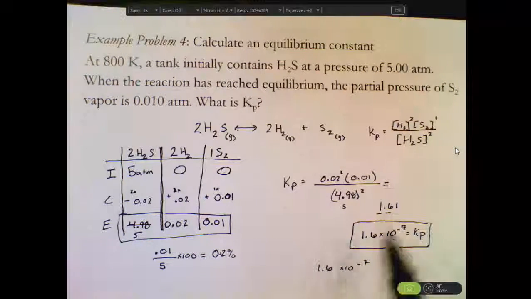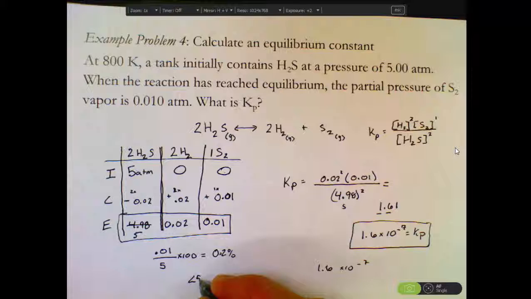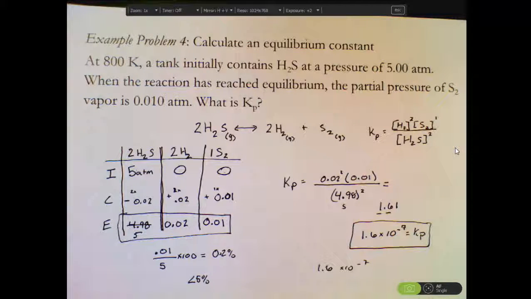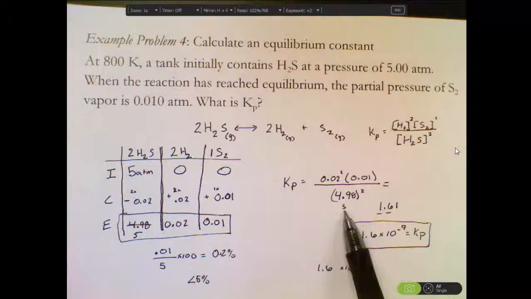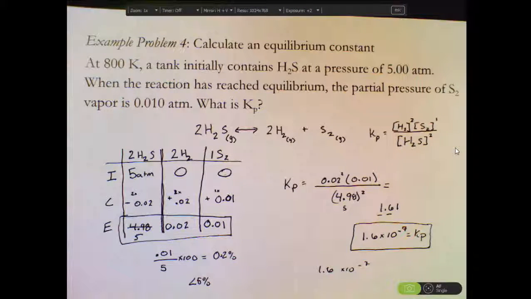So for all intents and purposes, after rounding, these two values are the exact same. Therefore, sometimes this 5% rule, less than 5%, is really useful because it makes our math simpler. 5 is an easier number to use than 4.98, even though 4.98 isn't that difficult. Thanks for watching, and good luck.